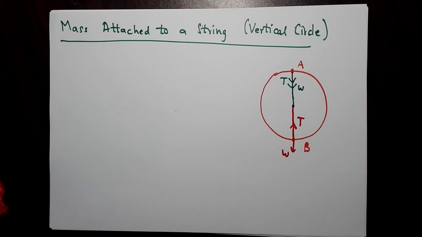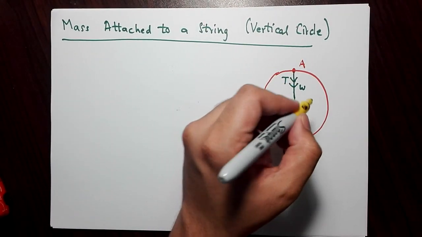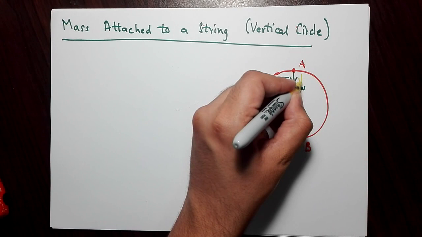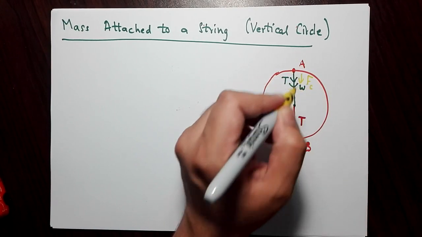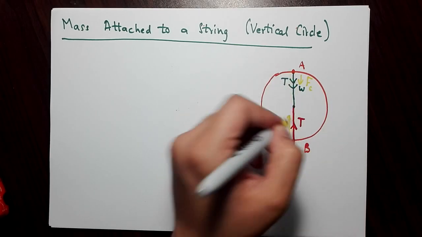So in both cases, a combination of tension and weight plays the role of centripetal force, which is towards the center for both points. But of course, it's going to be a different force.